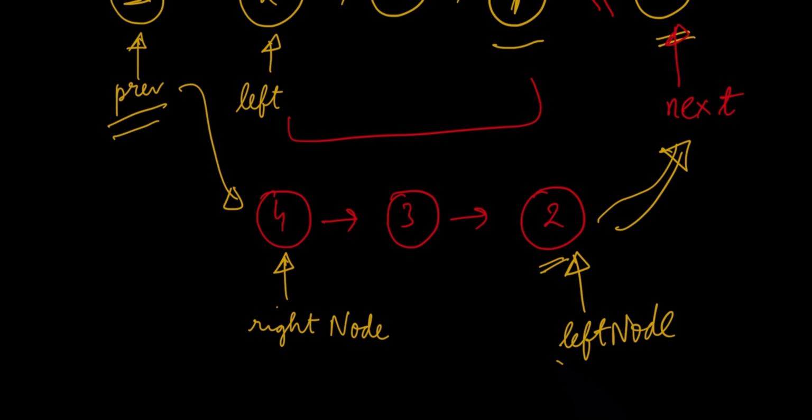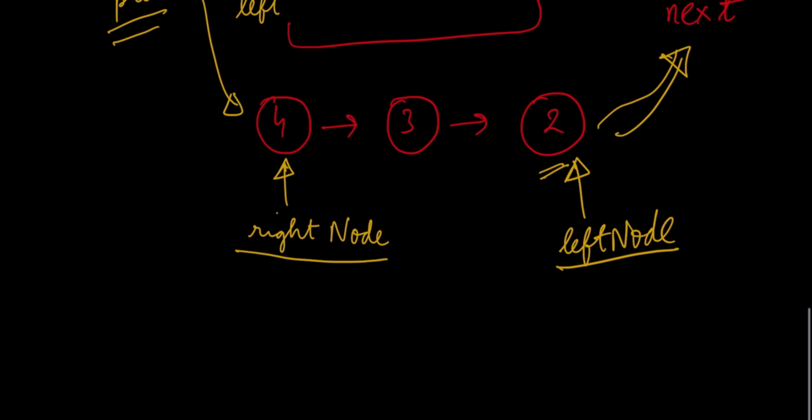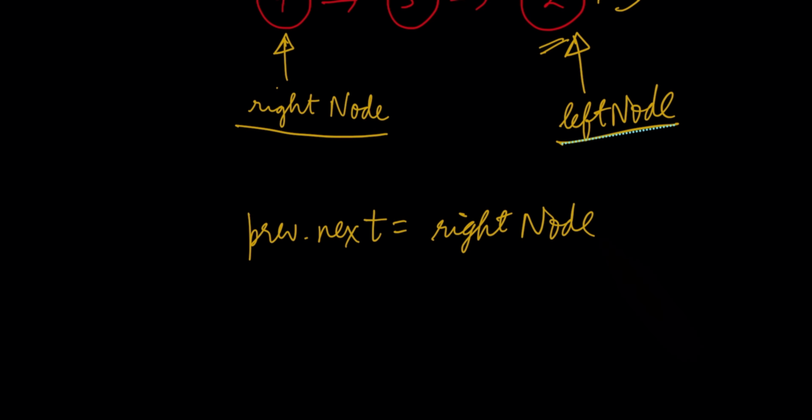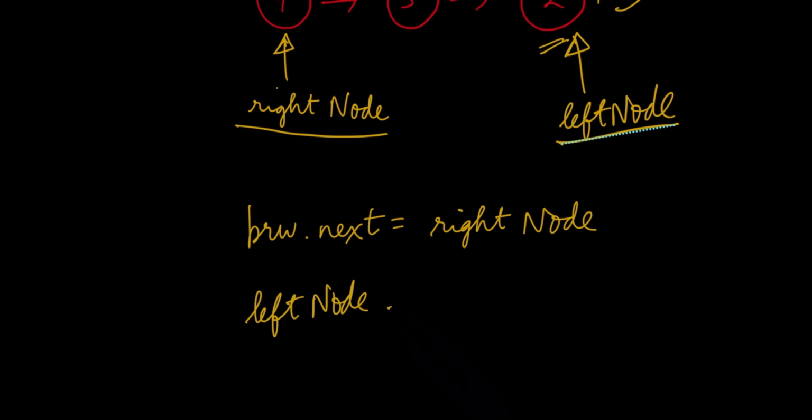These references are going to remain the same after we reverse the sublist, and at the end we are going to update previous.next as right node, and we have to update the left node.next as next.